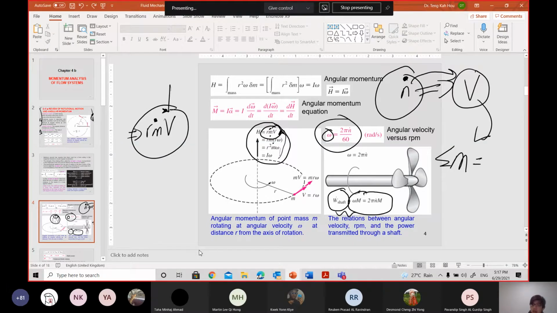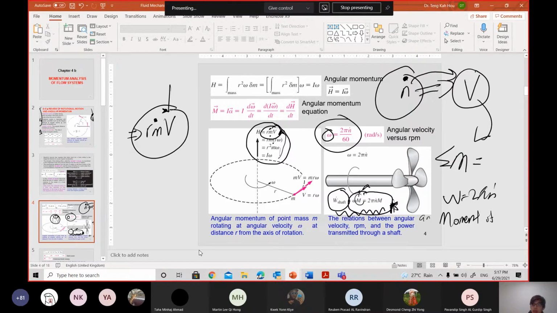So this is one of the very important formulas you need to know. And the tricky part is that omega can be 2 pi N. This one has been briefed just now. But the M refers to the moment, right? The angular momentum.